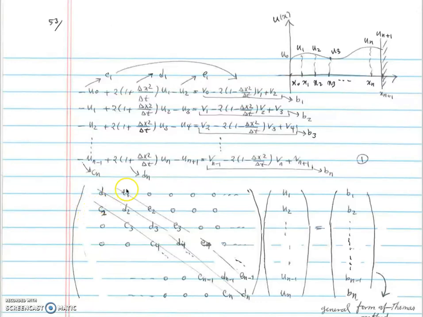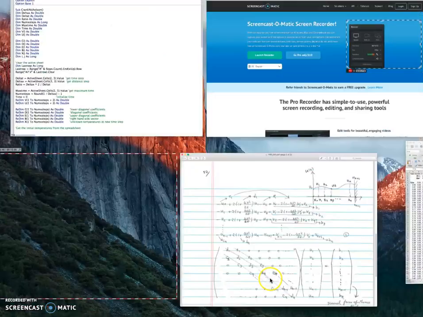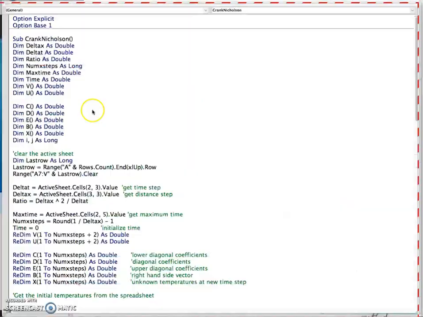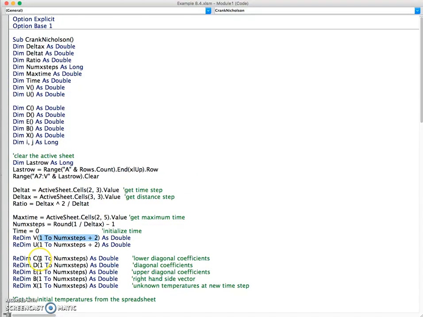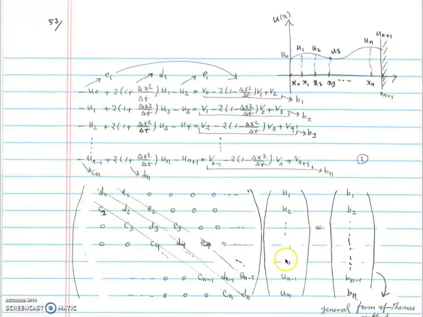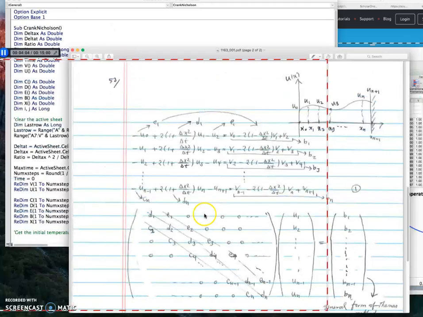So we can have 3 arrays for C, D, E's with n elements. Right side B's are again from 1 to n, and that's why we have 1 to n for C, D, E, B. Now X is the solution of the Thomas method, which is actually the solution to the system. Now I have u's here, but when you solve this Thomas method, you get actually x values here.